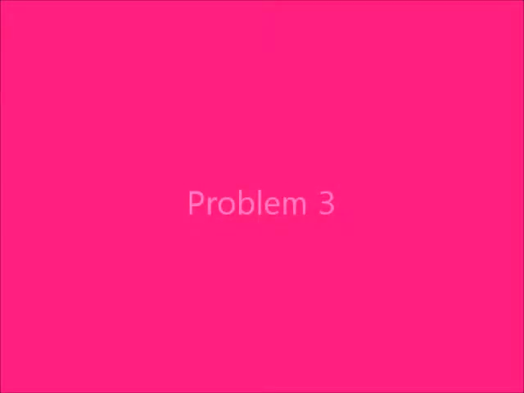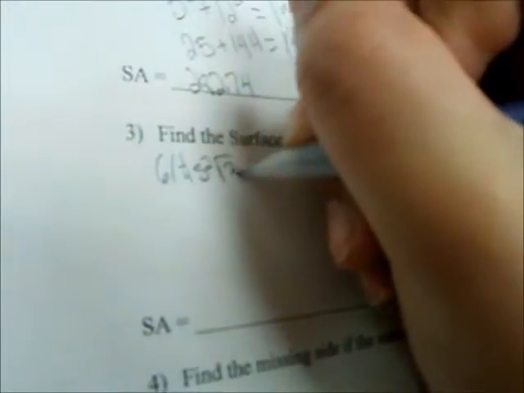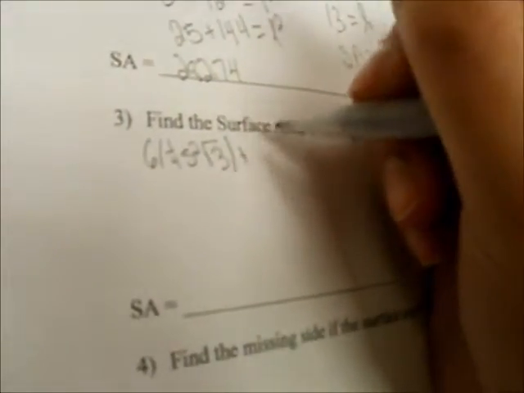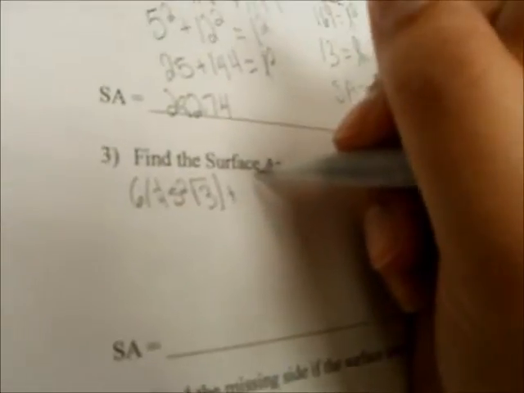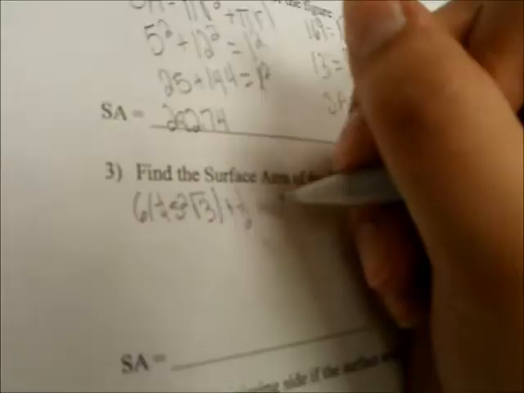Okay, now moving on to problem 3. In problem 3, you're trying to find the surface area again, and the formula is going to be 6 times 1/4 s squared square root of 3, since that is for a triangle, and a hexagon is equal to 6 equilateral triangles.